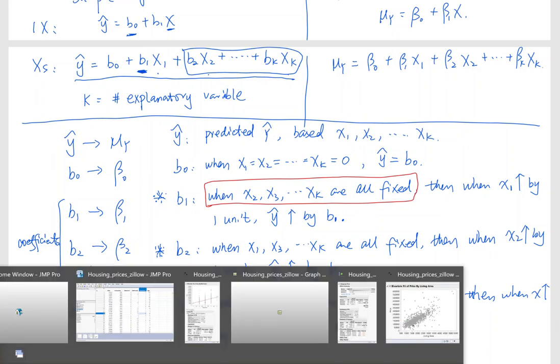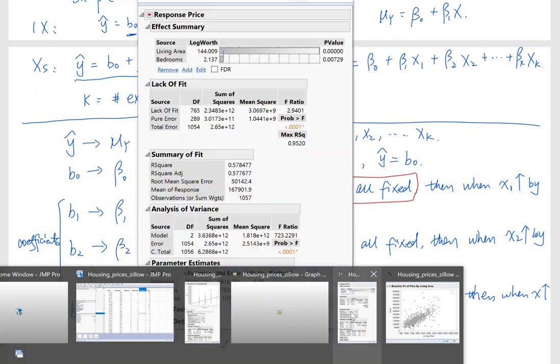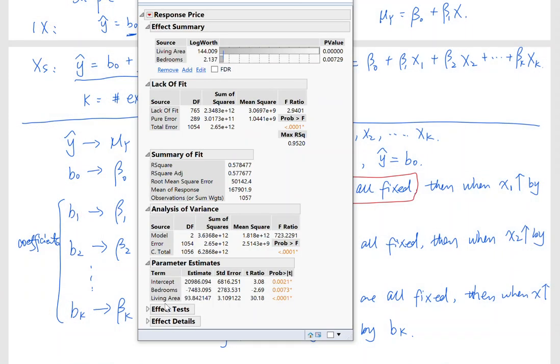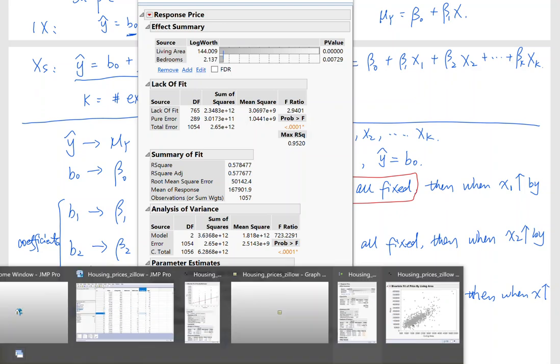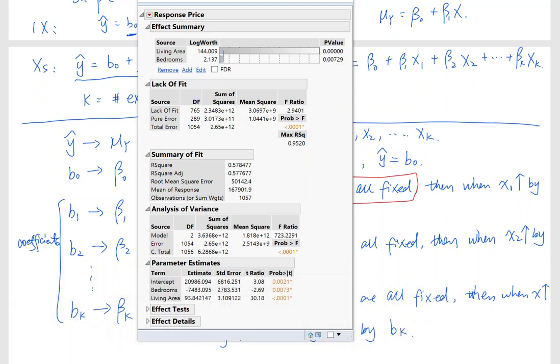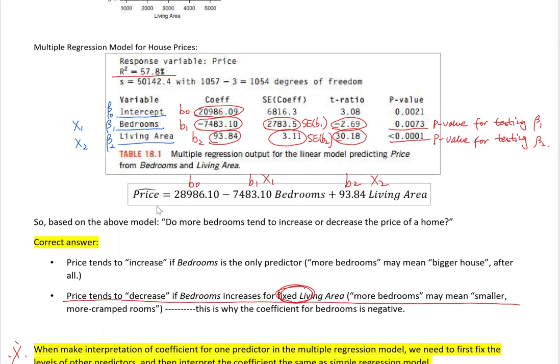Let's look at our example. This is our parameter estimates table. This is b0, this is b1, this is b2. Then we will have what we call the sample regression equation.